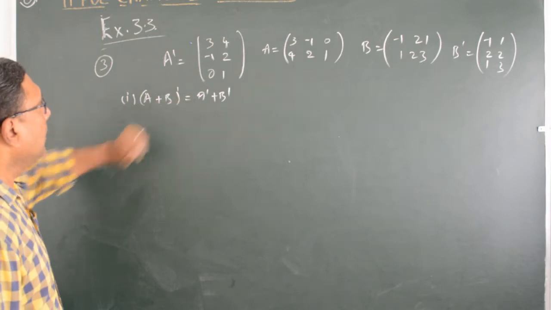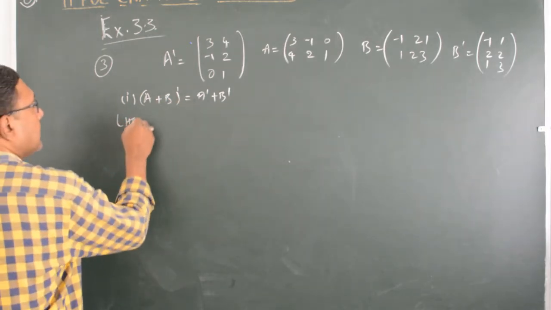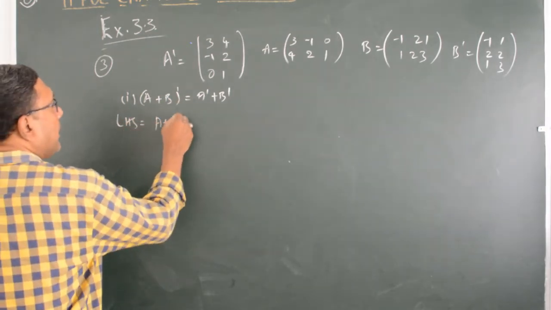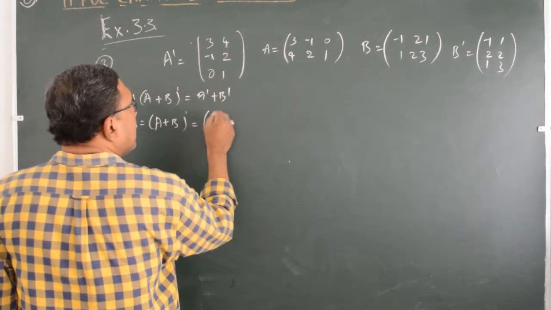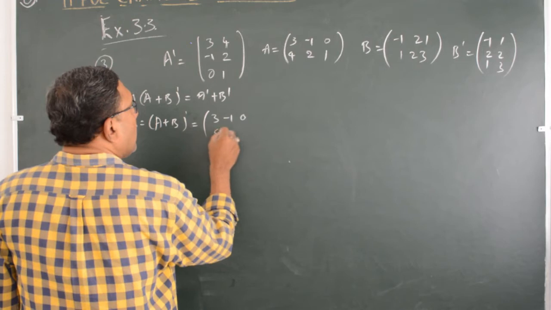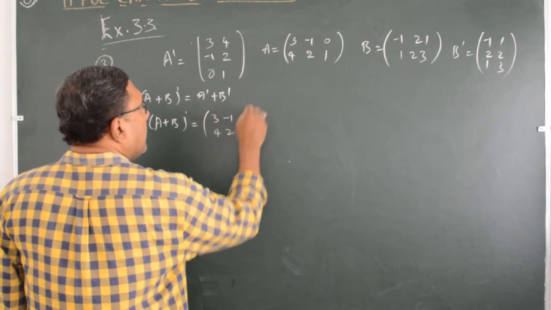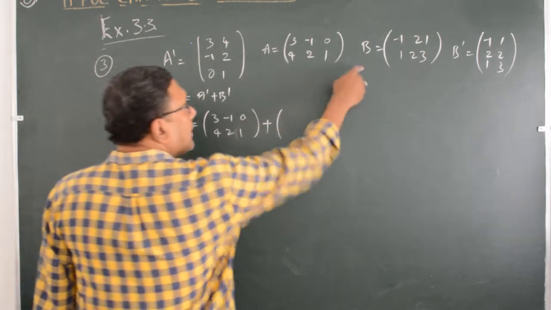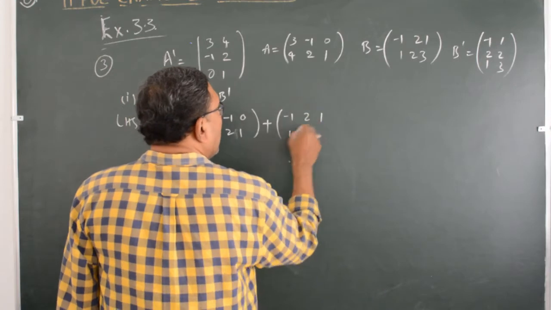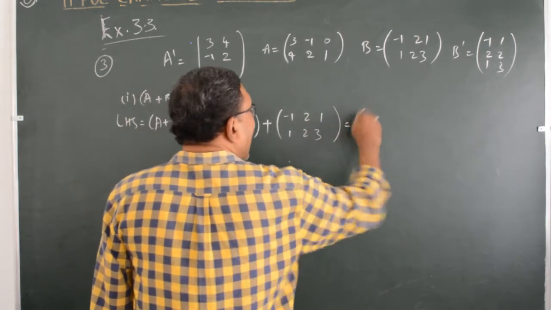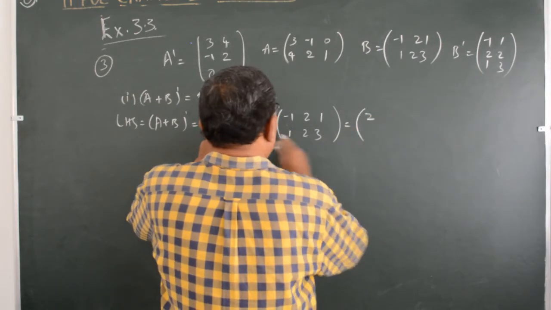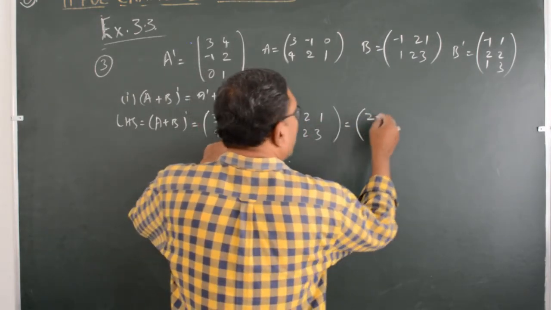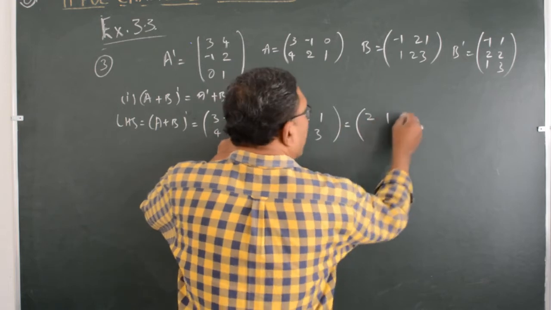Let me take the LHS. LHS is equal to A plus B, its transpose. I will take A, this 3 minus 1, 0, 4, 2, 1, should be added with B, minus 1, 2, 1, 1, 2, 3. Quickly add: 3 plus of minus 1 is 2, minus 1 plus of 2 is 1, 0 plus 1 is 1, right?